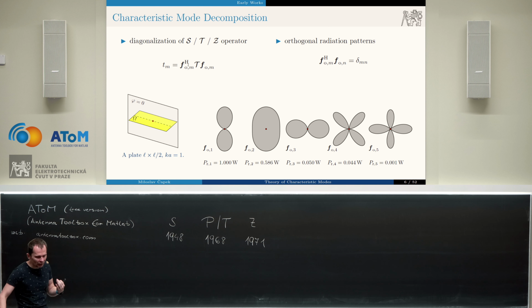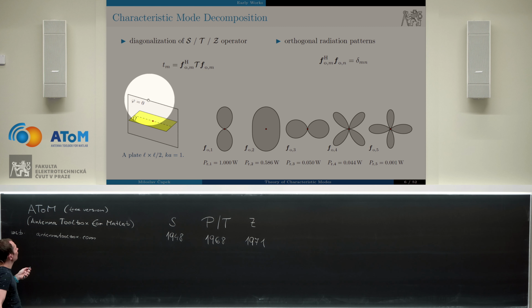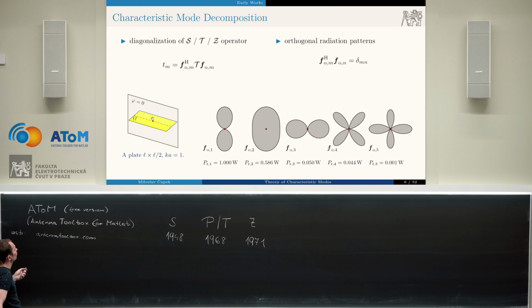So being more specific, consider a rectangular plate made of perfectly electric conductor, which is depicted here on the left. And let's call it omega, but it doesn't matter actually. And also consider only one principal cut for phi being equal to 0. For this structure of electrical size ka equal to 1, where ka is the electrical size of your obstacle.